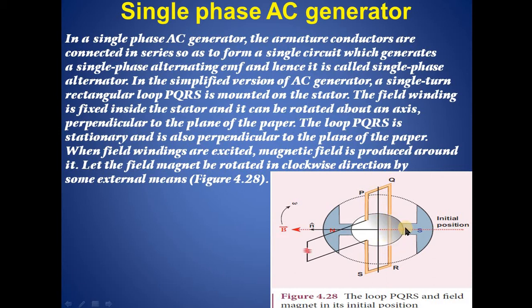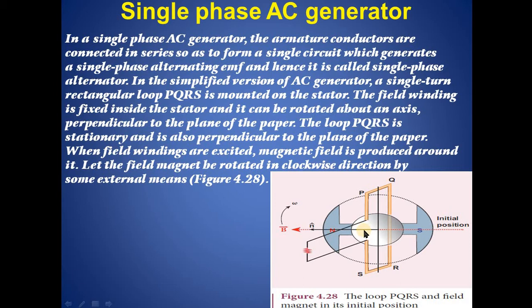The field winding is fixed inside the stator and it can be rotated about an axis. This is the axis, perpendicular to the plane of the paper. So the loop PQRS is stationary.